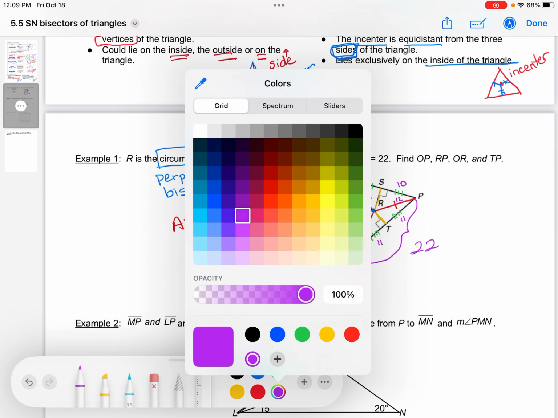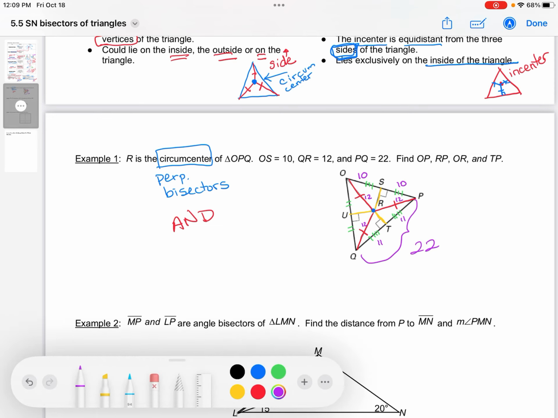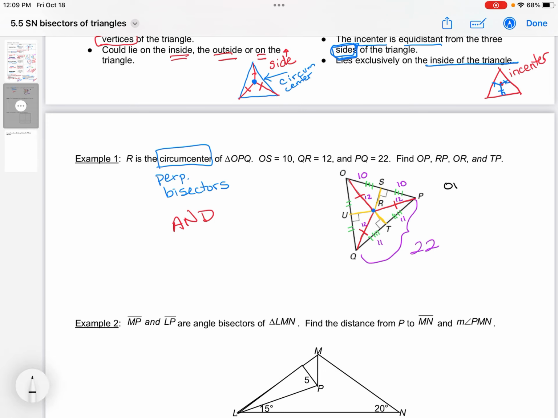Okay. I think I've used all the colors I have. We're going to use black. So we found OP because it's 10 plus 10. We found RP because that's 12, that's the red line.